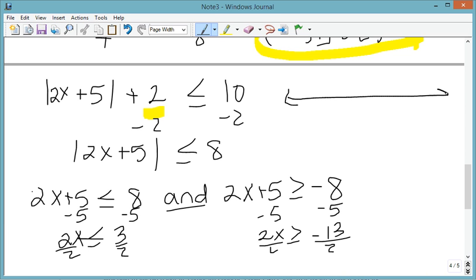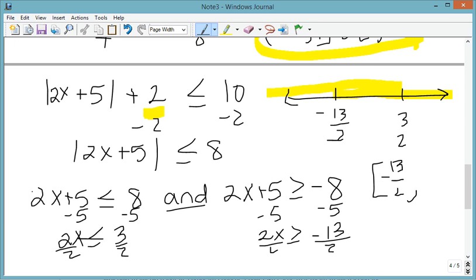So this negative 13/2 and this 3/2. Remember I'm looking for greater than this, but less than this, just where these overlap. And these are equal to, so I'll include the endpoints. So there's my answer.